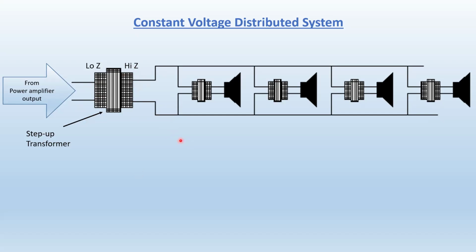All right. Now, over here, we're going to have something that's called a step-down transformer that is going to be connected to every single speaker that you're going to install. This transformer will be relatively bigger than this transformer.